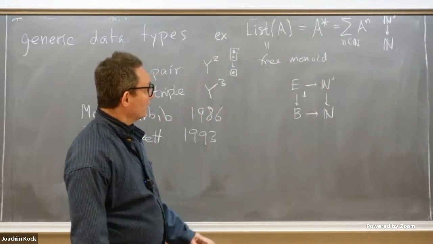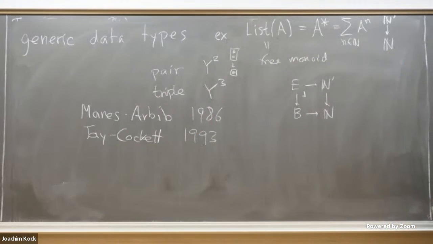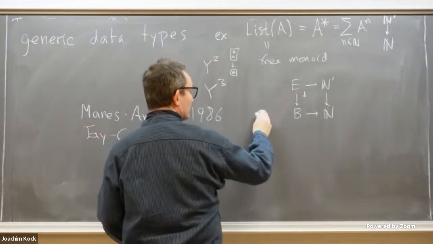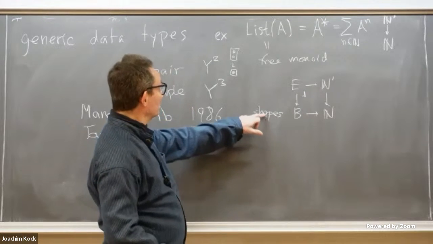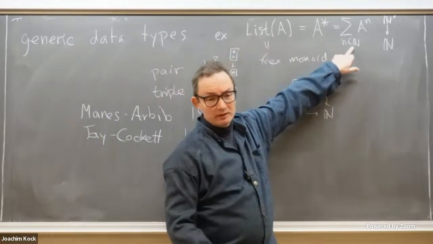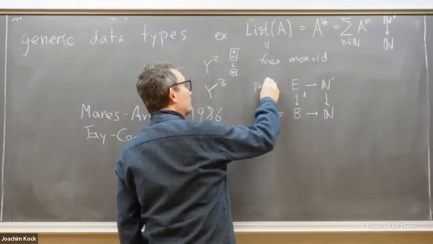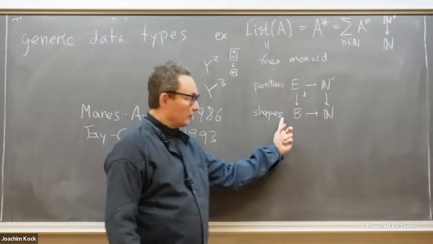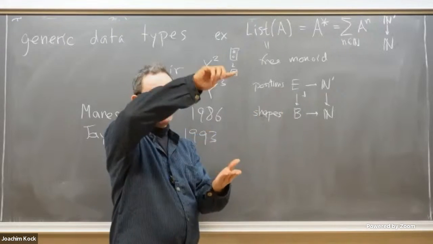The benefit is that I should put some terminology. So the base of a data type is called the set of shapes. So if we're talking about the list, the shape is just to say how long a list is. And then this is the set of positions, so that once you have determined the shape, you have a number of positions in that shape.